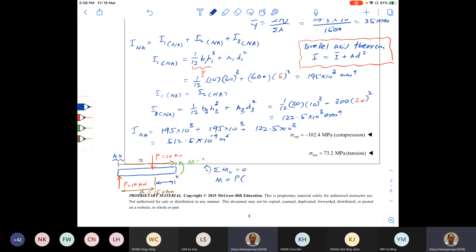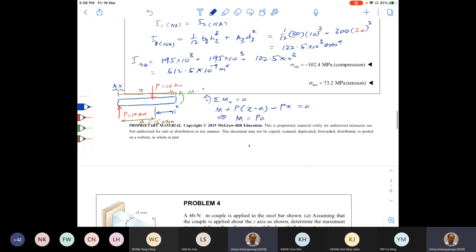That distance is equal to X minus A, and the support P going to create a clockwise moment, therefore it is negative P into the distance X is equal to 0. So once you simplify this one, you find that M is equal to P times A, because Px minus Px cancels off. Okay, so now we know the value of M.